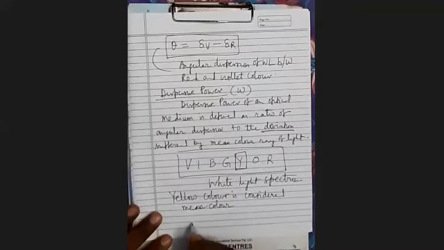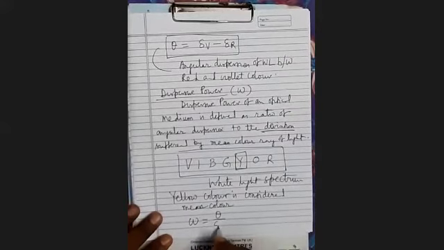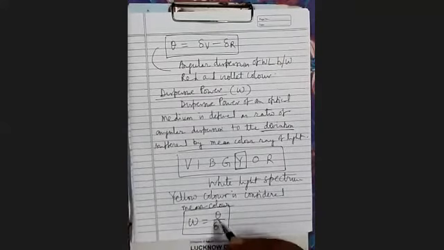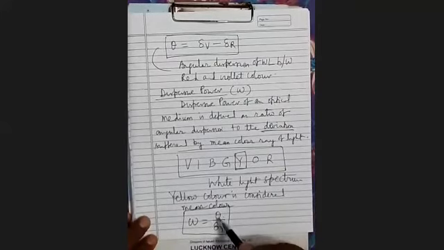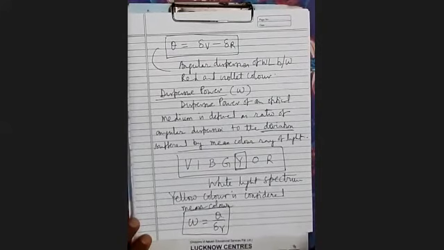So what will be the dispersive power omega? It will be theta upon del Y. It's clear. Dispersive power of an optical medium is defined as the ratio of angular dispersion to the deviation suffered by the mean ray of light.